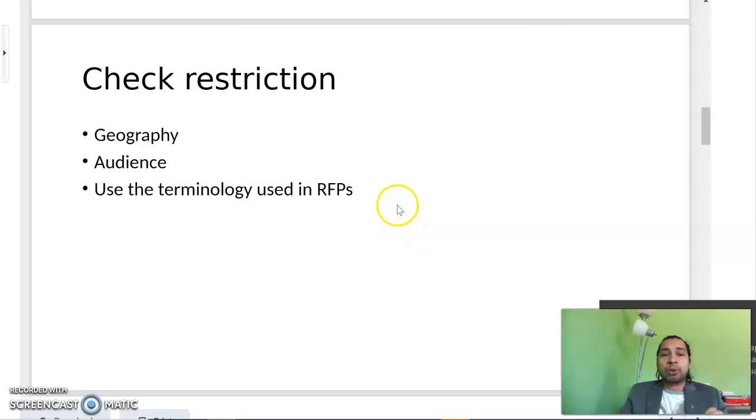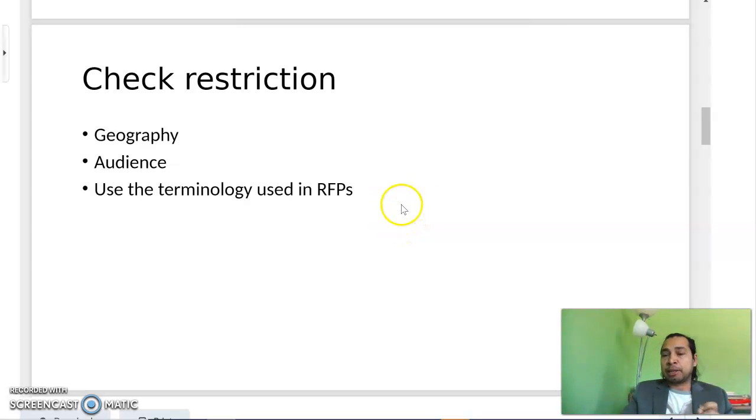And also restrictions are applied to it. It depends. You won't have access to all kinds of funding, or the funders will not be willing to fund each and every one, even if they are looking for exactly the same program.